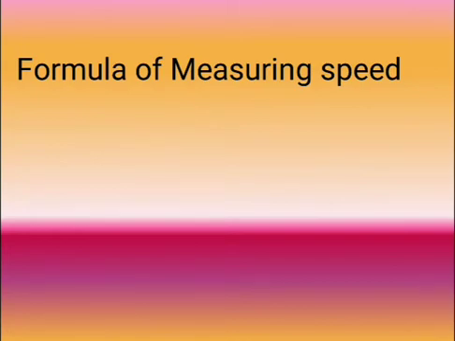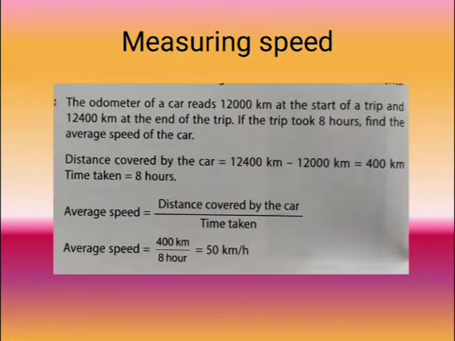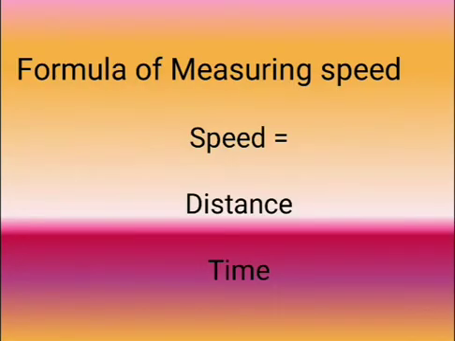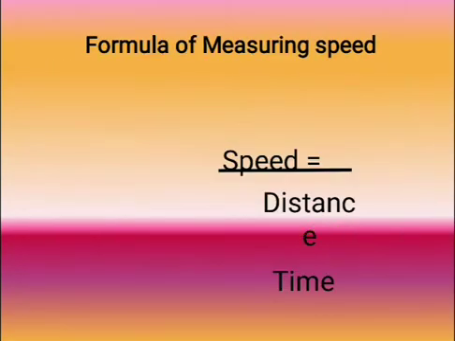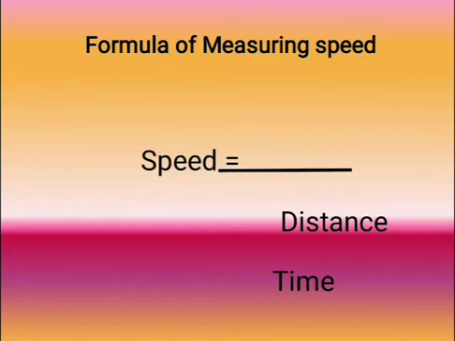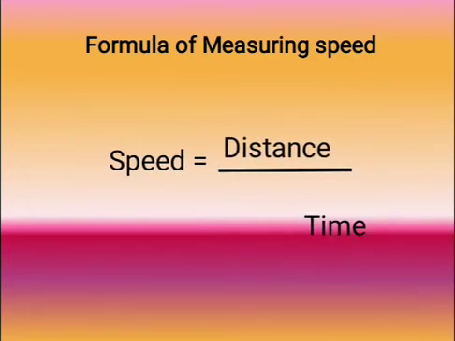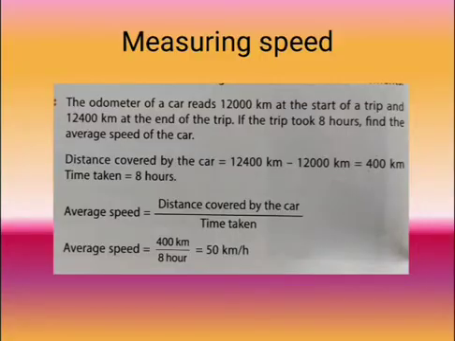So, the formula for measuring the speed is speed is equal to distance upon time. The formula for speed is equal to distance upon time.